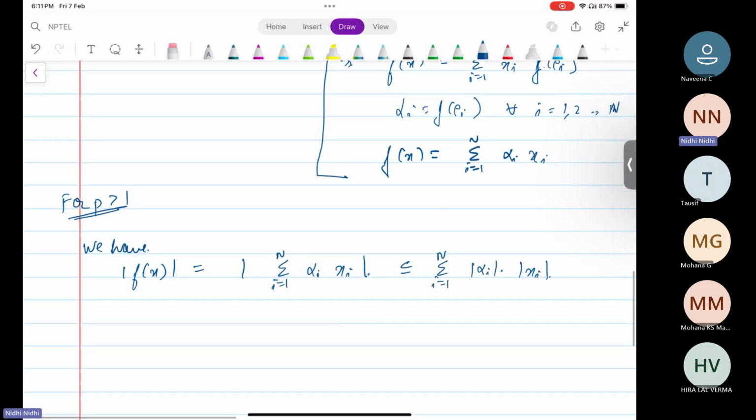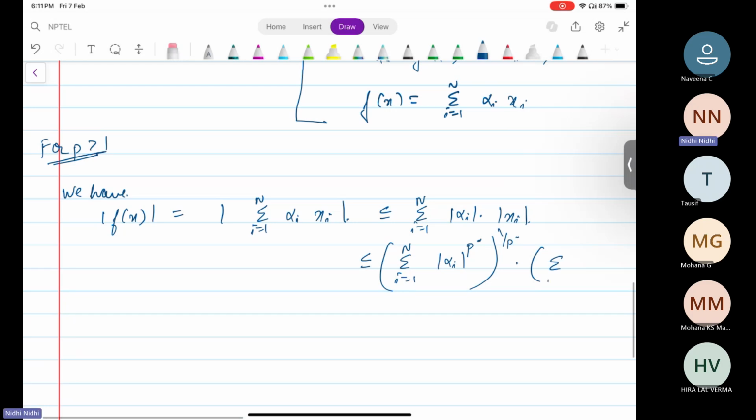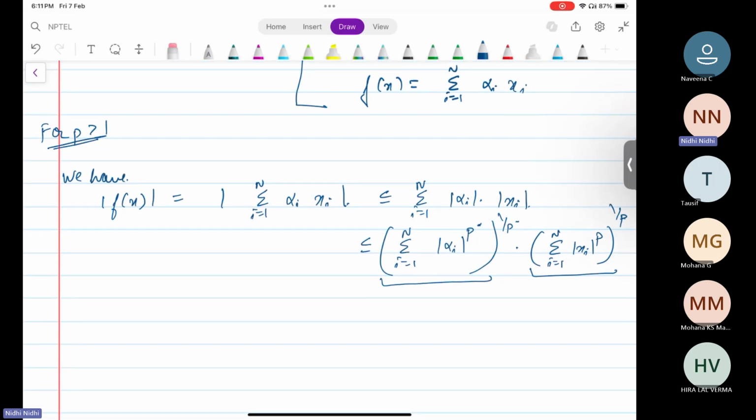So by Hölder's, this is less than or equal to summation i from 1 to n modulus alpha i to the power p star, whole to the power 1 by p star, times summation i from 1 to n modulus xi to the power p, whole to the power 1 by p. Now this is the LP norm of x, and this is the p star norm of the vector alpha, which has alpha i as its ith component.